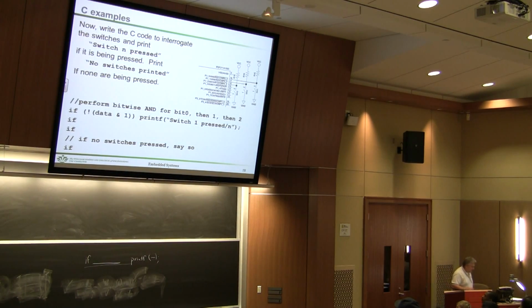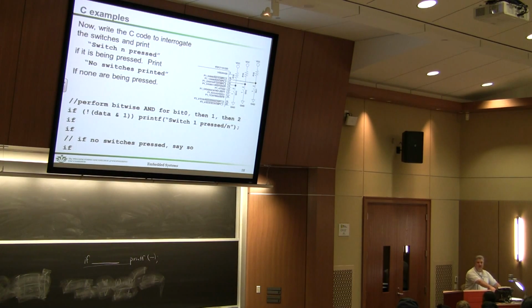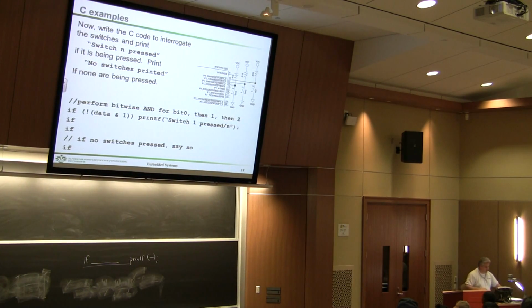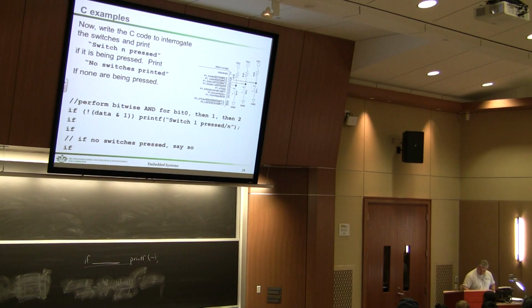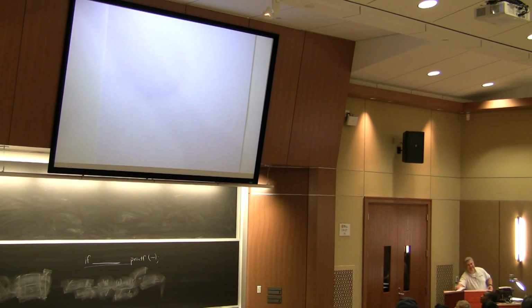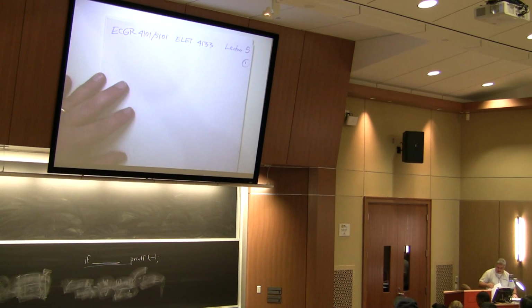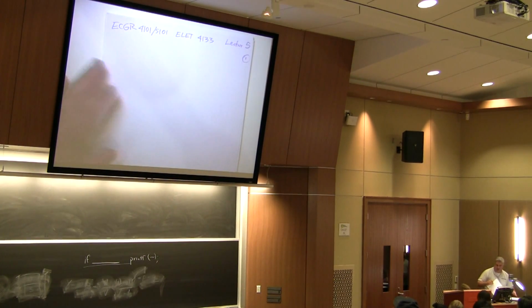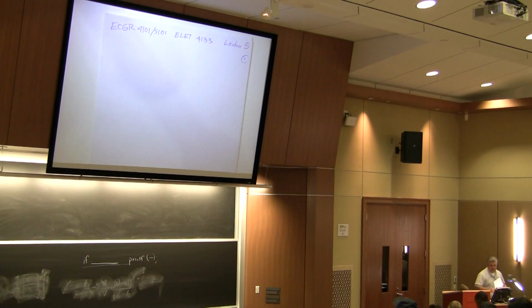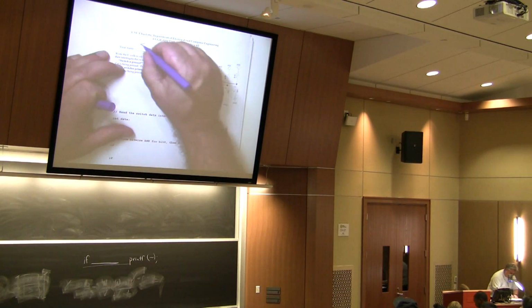As I wrote on the screen, oh no, I wrote on this screen and now it doesn't show up there. Oh crud. Alright. It's a joke, guys. By the way, this is ECGR 4101, 5101, ELEC 4133, that's number 5. This is the solution.